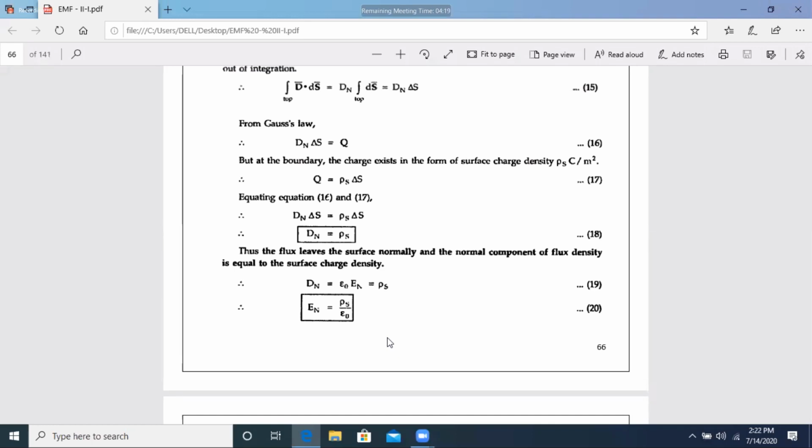What do we have already? We have E tangential 1, we have E tangential 2, we have D normal 1, we have D normal 2, and now we have E normal 2. So we can find D tangential 2 now.